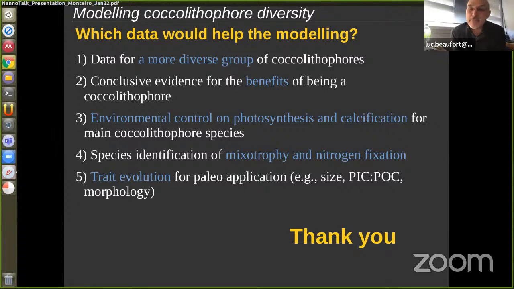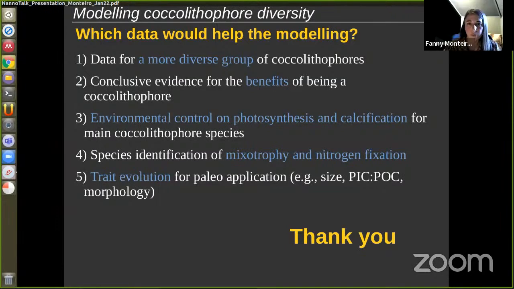The second part was about depth for the Umbelliforms and other coccolithophores, because usually they are found at shallow depth in the photic zone. Instead, Emiliania huxleyi and many others are found deeper at low latitude. So how did you manage the depth?